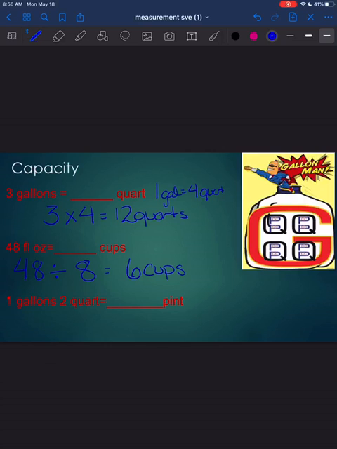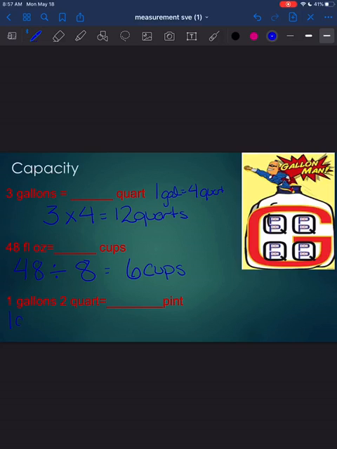Likewise, I can also mix my measurements and figure out how much is in each. So if I have 1 gallon and 2 quarts and I want to figure out how many pints that is, I can use what I've done before to change both of the measurements into pints.